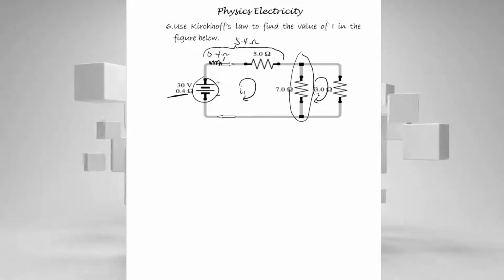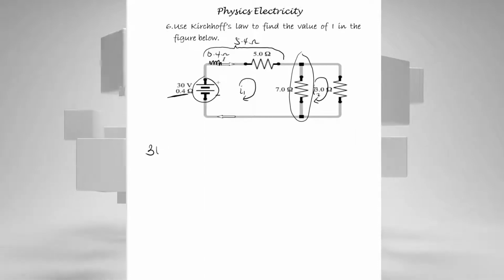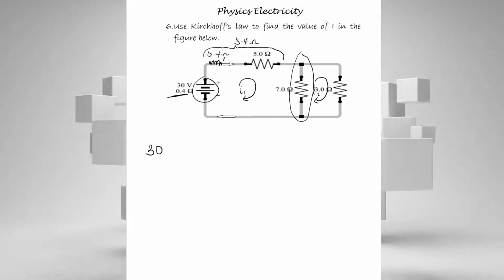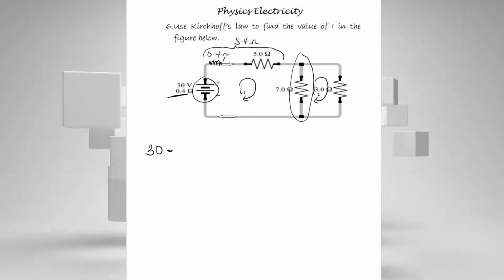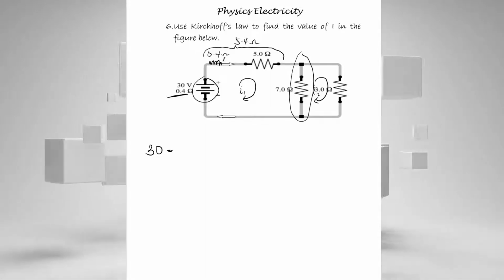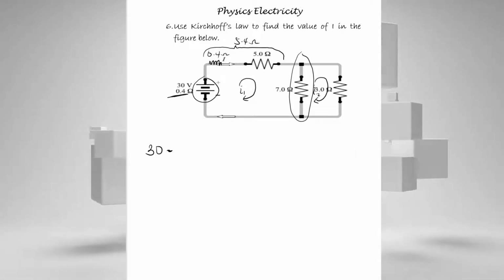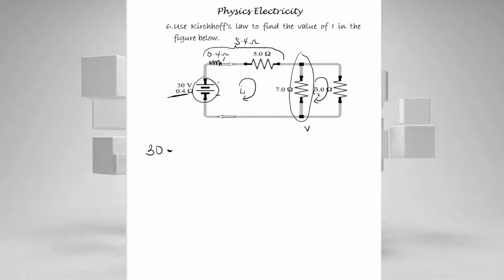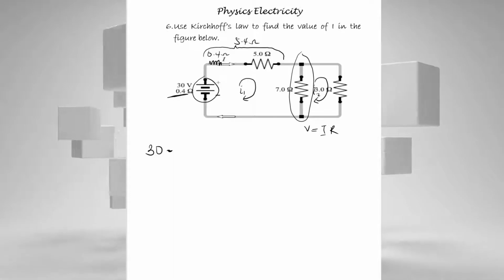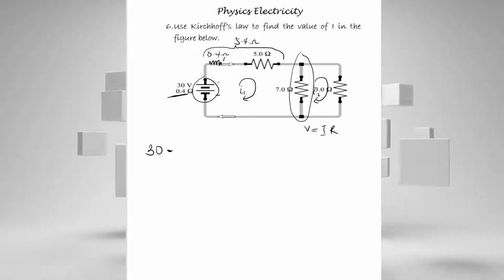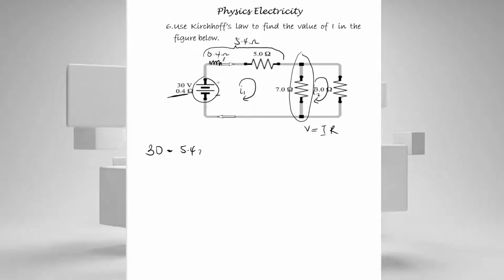So the sum of voltages in this loop is equal to 30 minus the voltage drop across the 5.4 ohm resistor, based on the fact that V is equal to IR. R in this case is 5.4 and I in this case is I1. So that will be 5.4 I1.